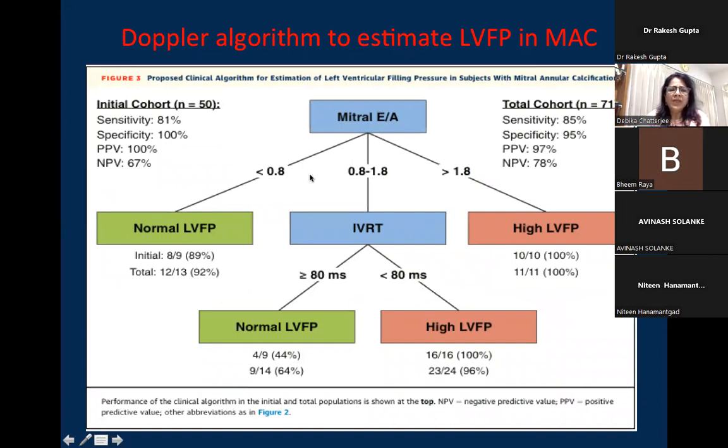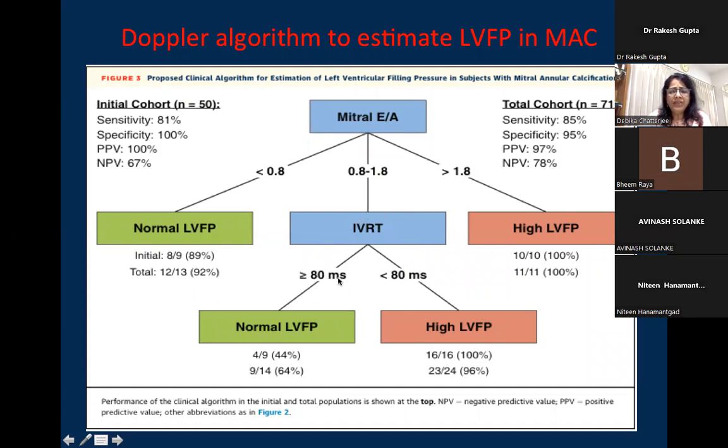As per that paper, if E by A is less than 0.8, you can straight say LV filling pressure is normal. If more than 1.8, LV filling pressure is high. And if it is between 0.8 to 1.8, you should measure the IVRT.